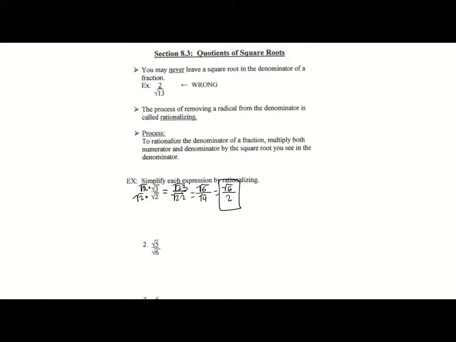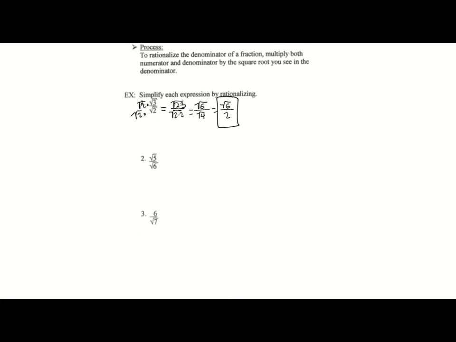Okay, let's do a few more. Number 2, if we have the square root of 6 on the bottom, we need to remove that by multiplying by square root of 6 on top and bottom. On the top, we get square root of 5 times 6. And on the bottom, we have the square root of 6 times 6.